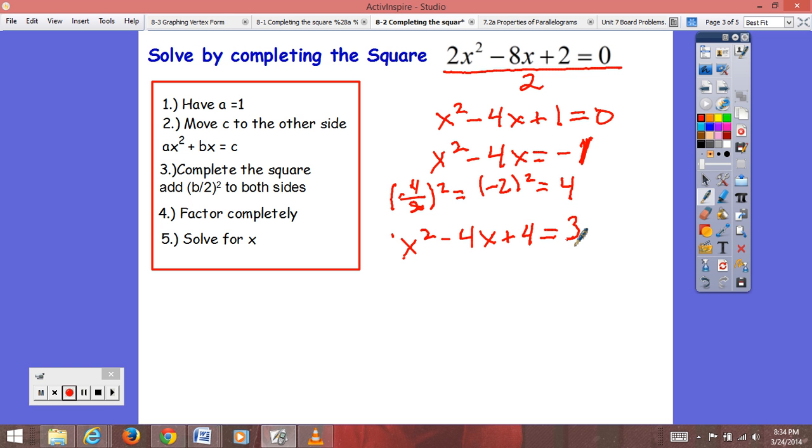So we need factors of positive 4 that add up to negative 4. Those would be negative 2. So x minus 2 times x minus 2 equals 3.